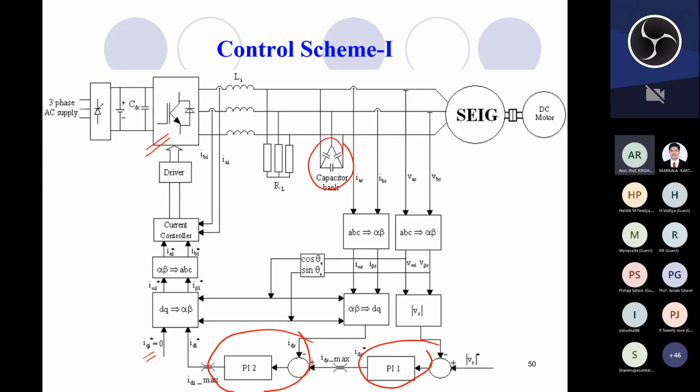Okay, so the amount of reactive power required to be supplied by this inverter will be decided by this control section. Okay, so we need one voltage source reference, and that is compared to the voltage generated by this induction generator, and some control algorithm is developed, and we need to control the inverter reactive power.